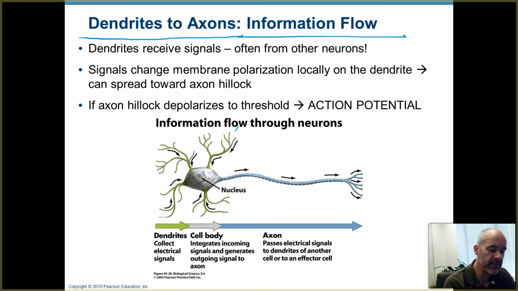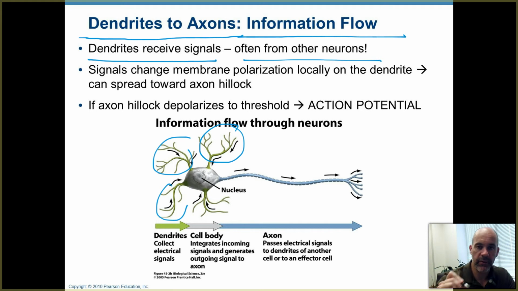So these dendrites, these little smaller branches you see over here, receive signals often from other neurons. So you'll have an axon of another neuron with its little axon terminals, those synaptic knobs, forming a synapse. You're going to have a little gap there with a dendrite. Also, sometimes those synapses are formed over here on the cell body as well. They're not always on the dendrites. But dendrites are generally a receptive region.